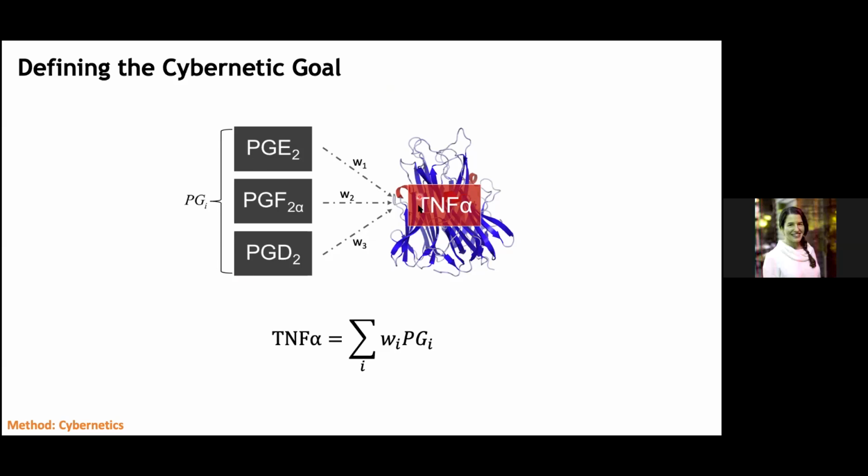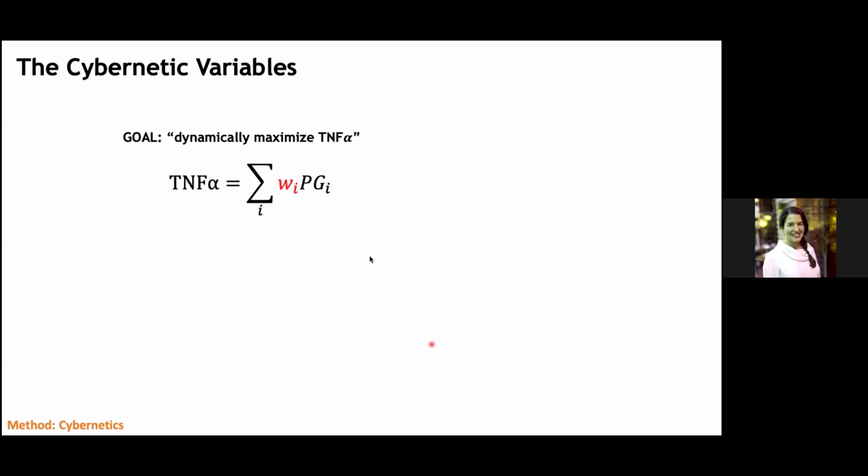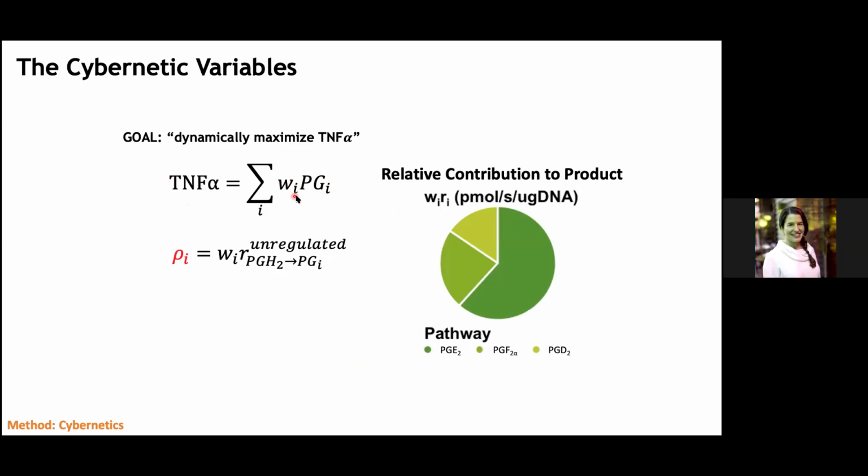To quantify the relationship between the prostaglandins and TNF-alpha, we used a simple linear relationship of TNF-alpha levels as a function of PGI levels using their time series data. To determine the contribution of each PGI pathway leading to TNF-alpha production, we define associated weights, WI, of each pathway.